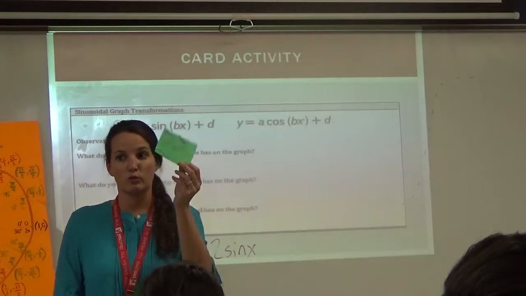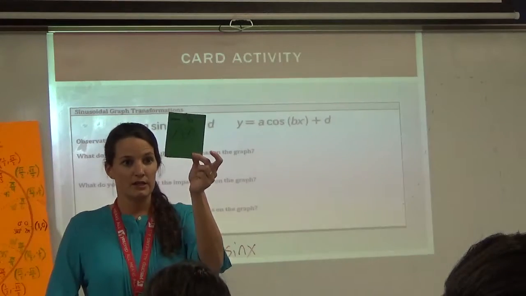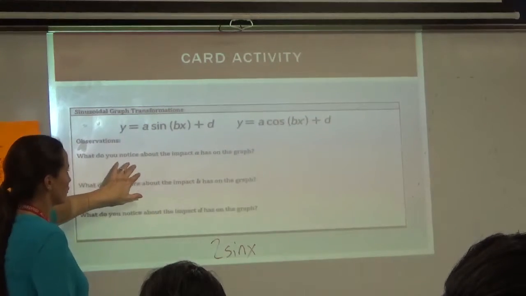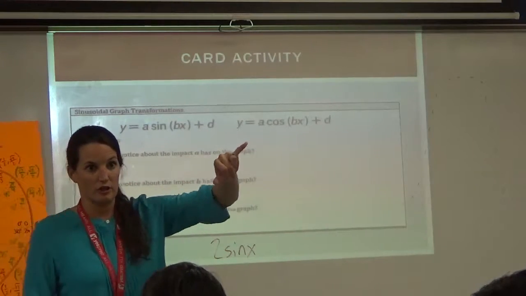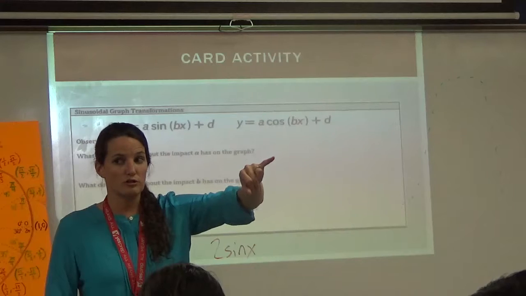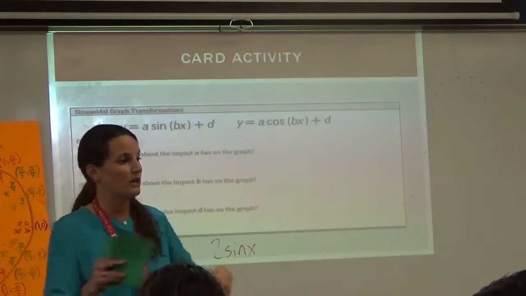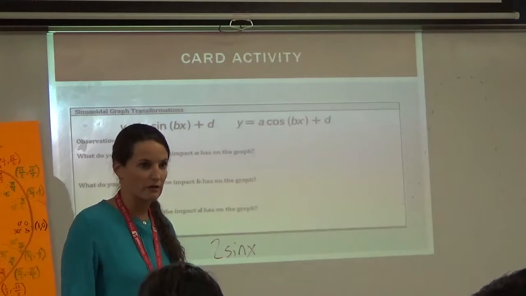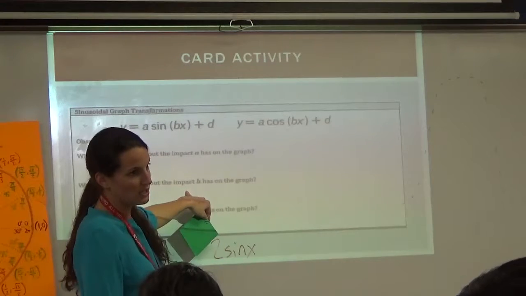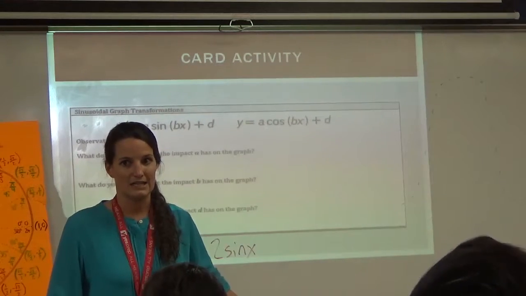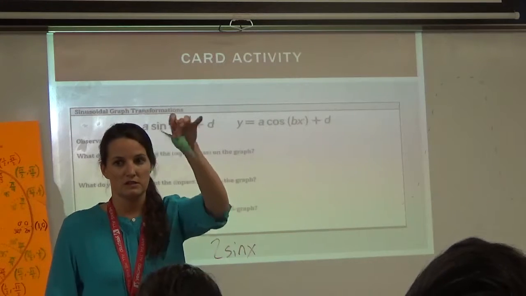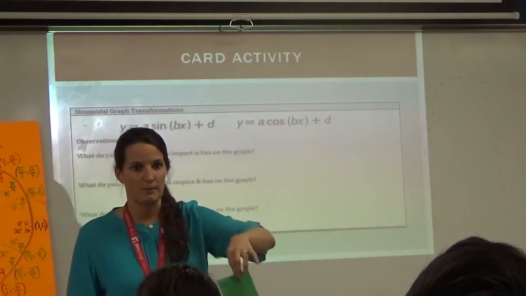And I want you to notice what it does to the graph so that you and your group can answer the question: what do you notice about the impact that a has on the graph? As soon as your group's done with that, I'll be circulating and I'll switch out your cards. I'll give you a set of red cards, which is about b, and then a set of white cards about d. So you're answering these 3 questions, figuring it out yourself from the cards.